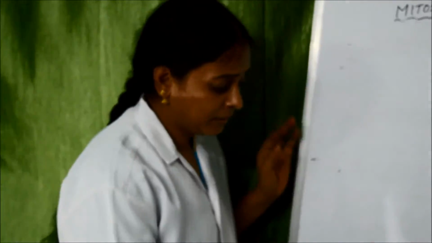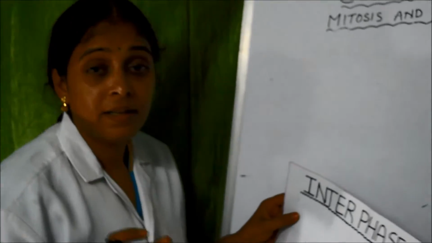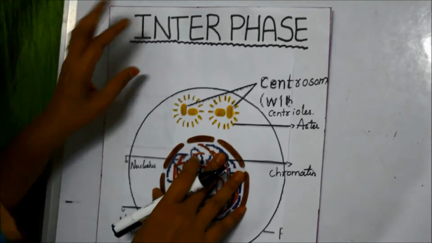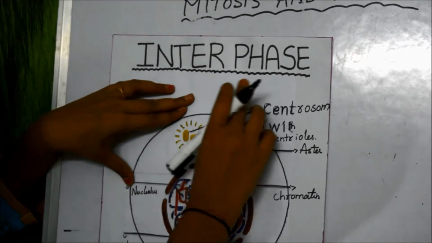So let us see the cell division in mitosis. Before the cell division begins, the uncondensed, unfolded DNA is in a resting form, and we call this phase interphase.